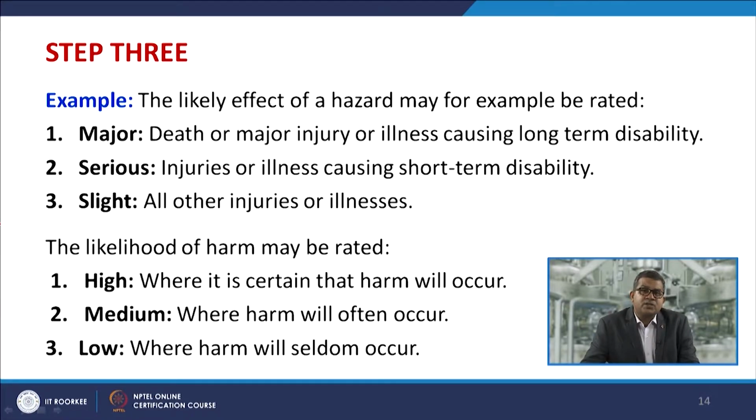Remember, every injury, every illness or every fatality must be recorded and may be liable for compensation. Now, the likelihood of harm may be rated as high, where it is certain that harm will occur, like a spillover of H2SO4 or a leak of LPG, etc. Then medium, where harm will often occur, and low, where harm will seldom occur.